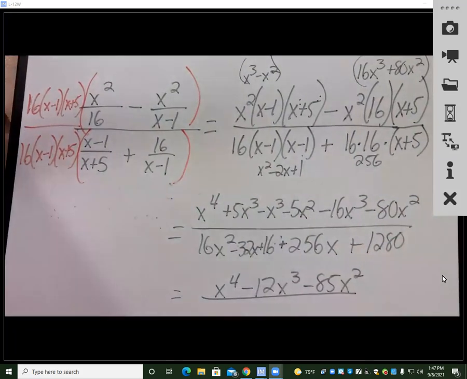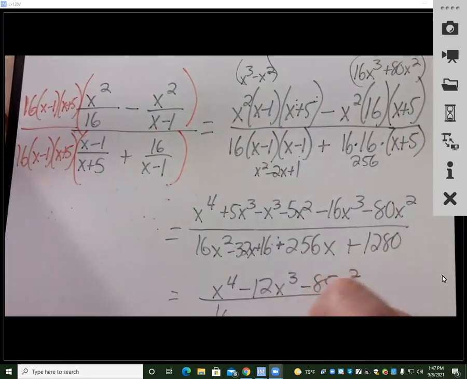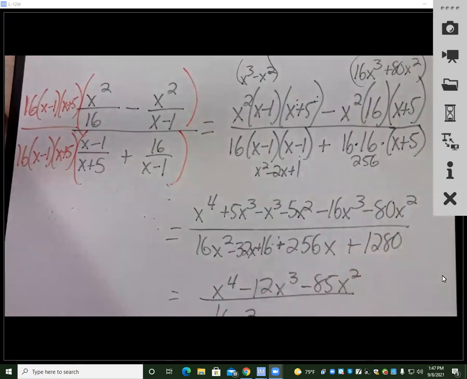I've got a 16x squared, and then x is 256 minus 32. What's that? 224. So we'd have a positive 224x. And then 1280 and 16 is just going to be 1296. And I think we're done.